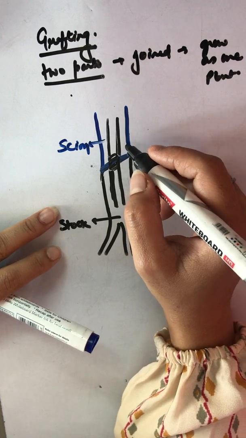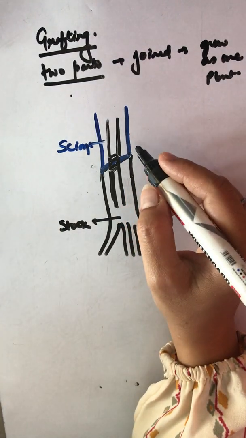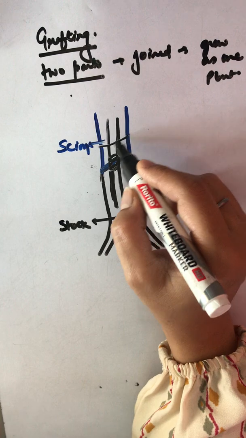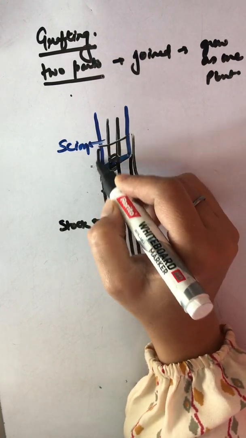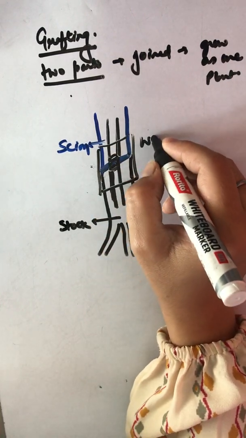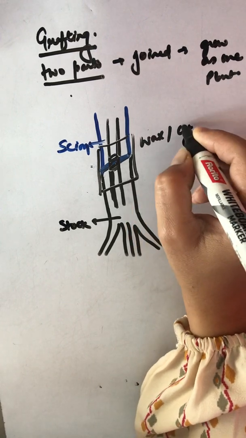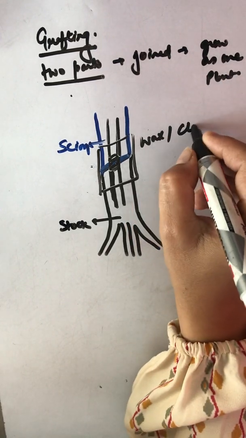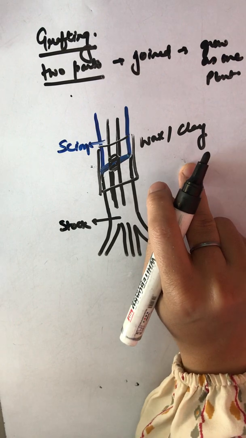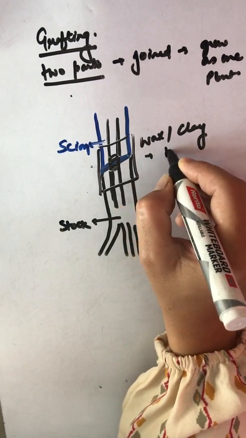When they come in contact with each other, the joint has to be covered with a layer of wax or clay, to prevent the evaporation of water.